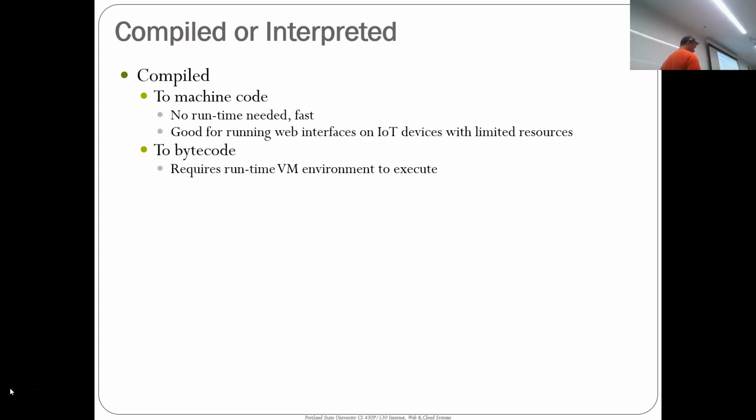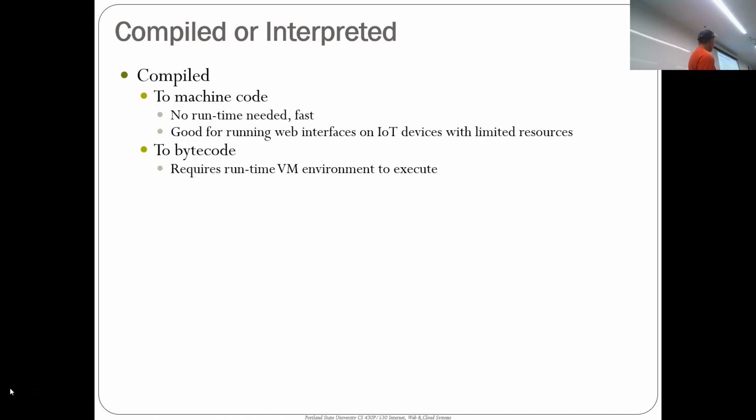The first thing that you might think about is whether or not your programming language is compiled or interpreted. So compiled means that you take your program and you bring it all the way down to machine code. And when you do this, you don't need a runtime environment to execute your machine code. It's all there. And it's typically much faster. And if you are developing a web application that runs, for example, on an embedded device, then this might be what you would want to choose, because an embedded device might not have the capacity to run a full-on environment.